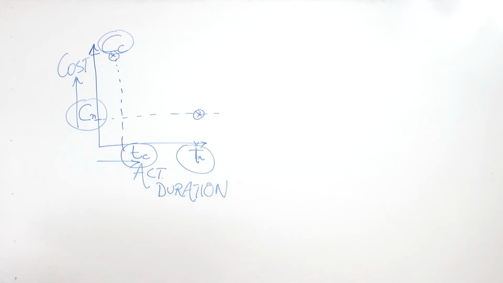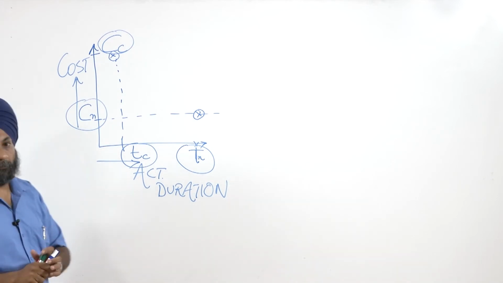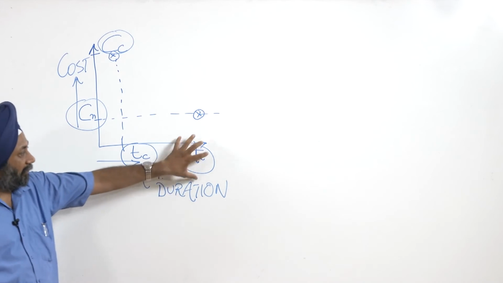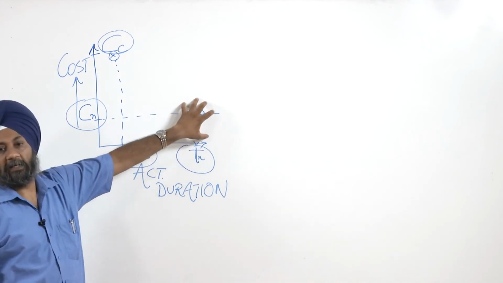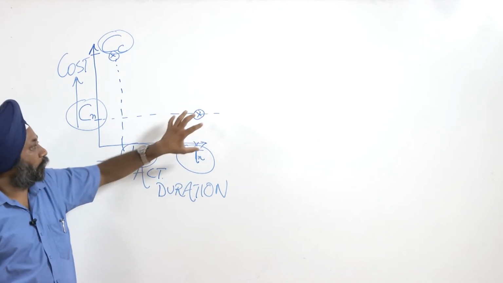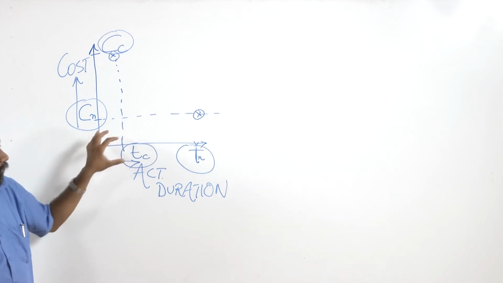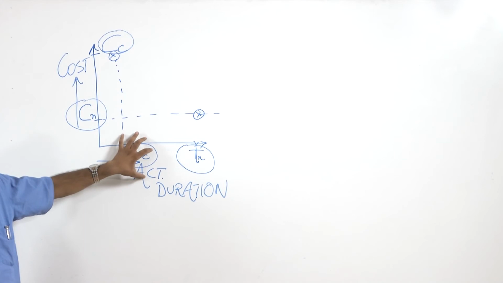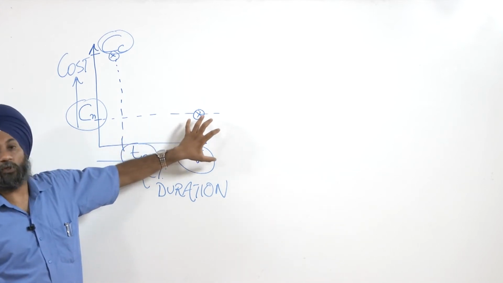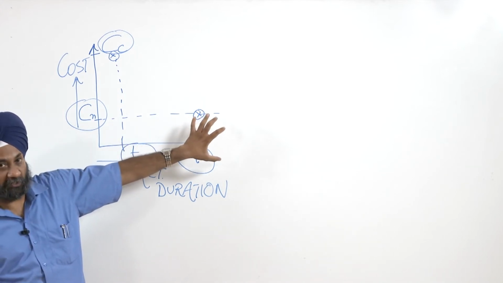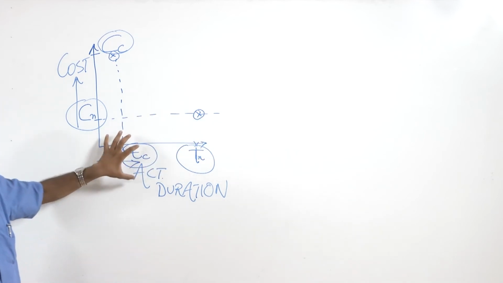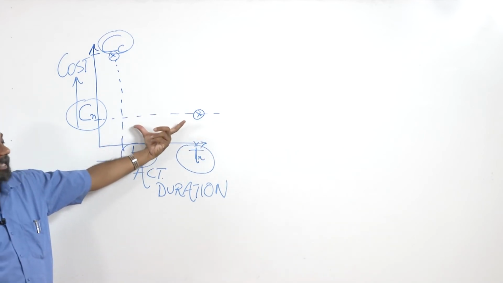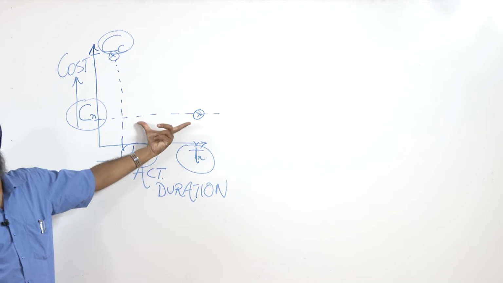So what we have here is that when you complete the activity in the normal time, you have to spend less. But if you reduce the duration, you have to complete it in the crash duration. Suppose the normal duration for that activity is 4 days and the crash duration is 2 days. So you have a gap of 2 days available with you.